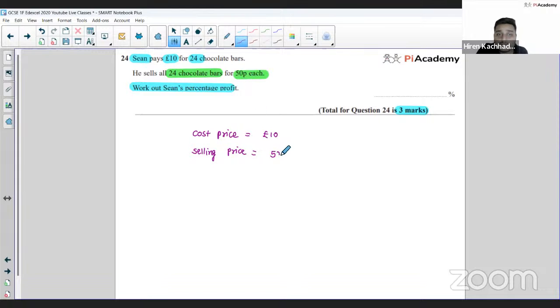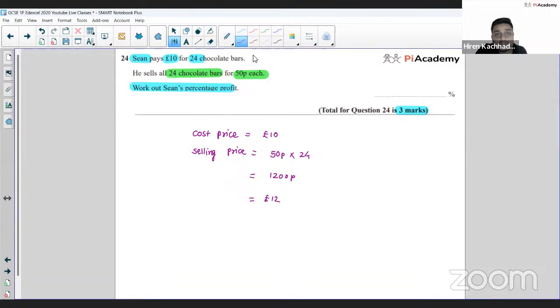So there are a total of 24 chocolates and 50p each, so 50p times 24 we need to do. That is nothing but 1200p. And as we know, 100p equals 1 pound. So this is nothing but 12 pounds, right?